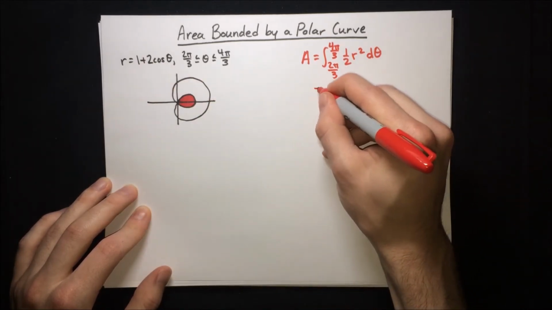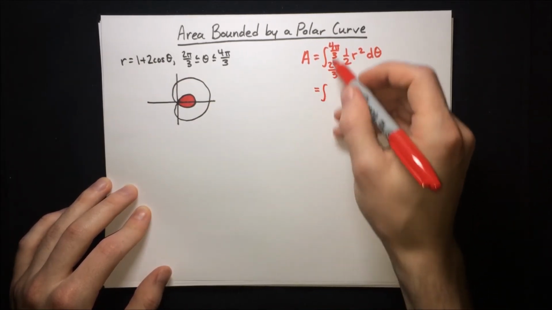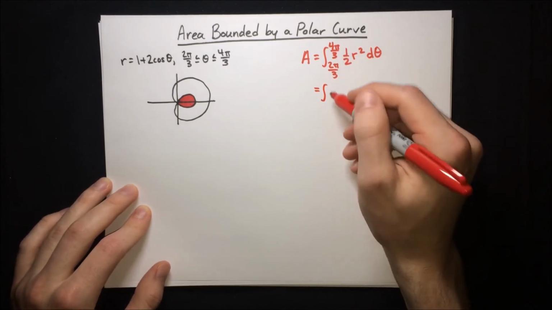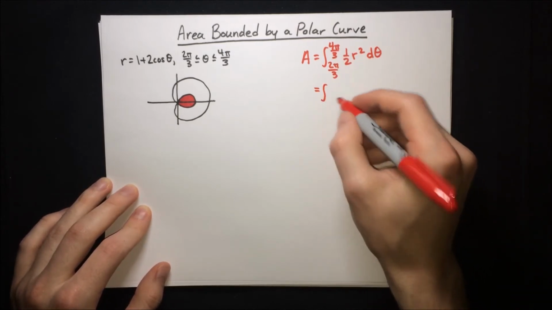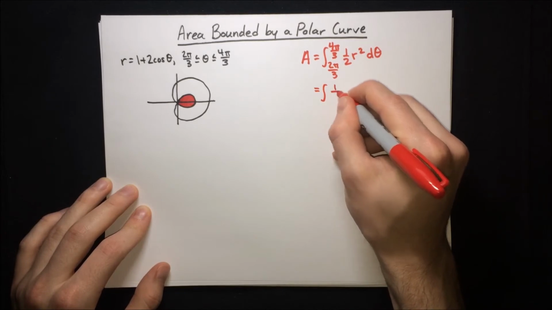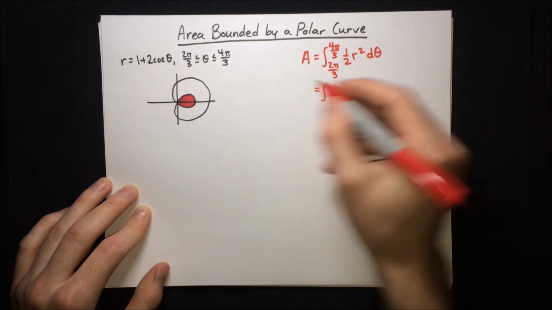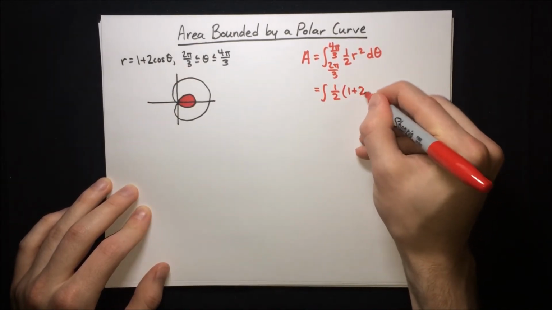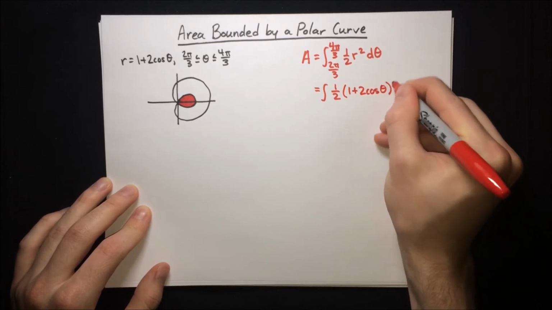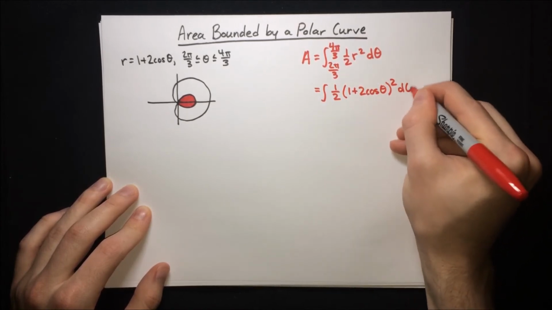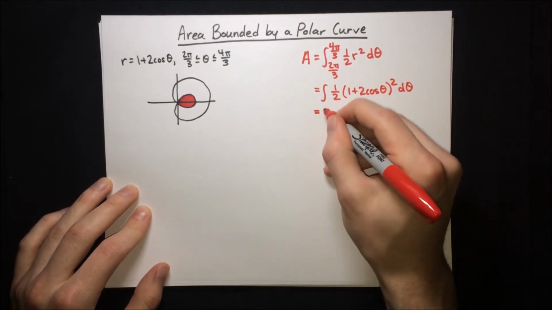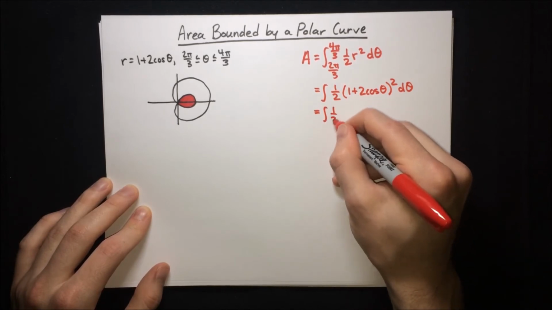So let's go ahead and do that. I'm not going to write the bounds until the very end just because they take up a lot of space. So just remember that they're still there. Okay, so a half r squared, r is 1 plus 2 cos theta squared d theta, and we'll go ahead and expand out that squared.